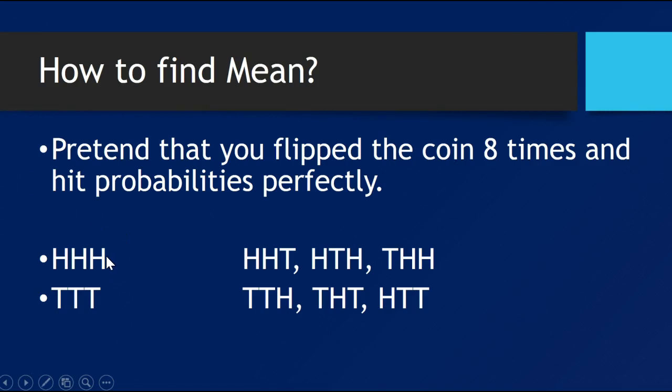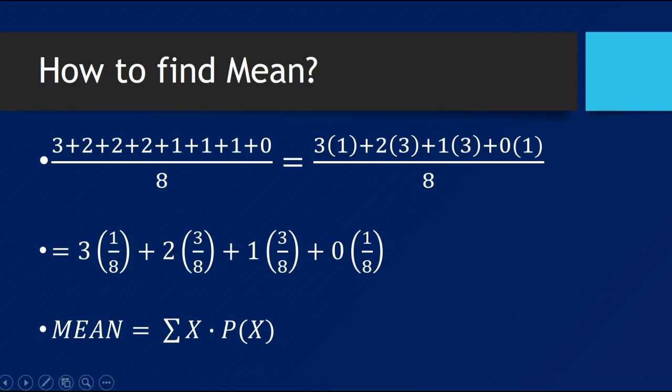I'd say, well, this one had 3 heads, this one had 2 heads, this one had 2 heads, this one had 2 heads. So it's like 3, 2, 2, 2. This one had 1, this one had 1, this one had 1, and this one had 0. So we'd add up all of those, 3, 2, 2, 2, 1, 1, 1, 0. And then because we have 8 different sequences, we divide by 8. So that's all we do. 3 plus 2 plus 2 plus 2 plus 1 plus 1 plus 1 plus 0, and divide the whole thing by 8.